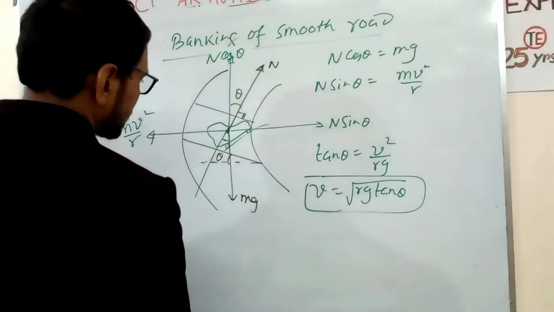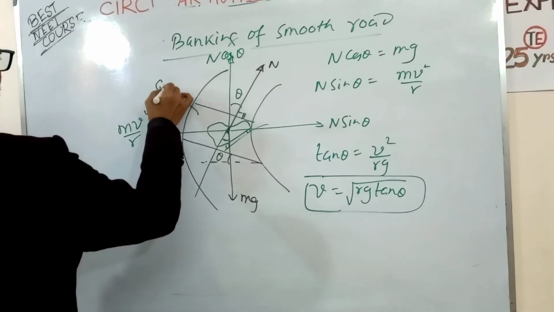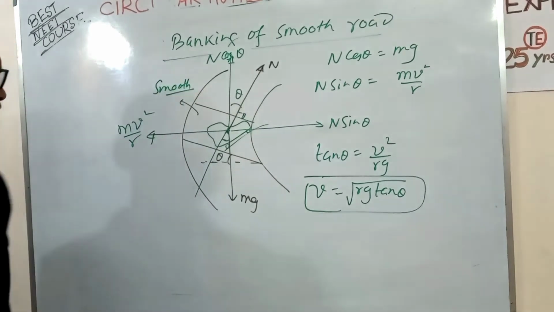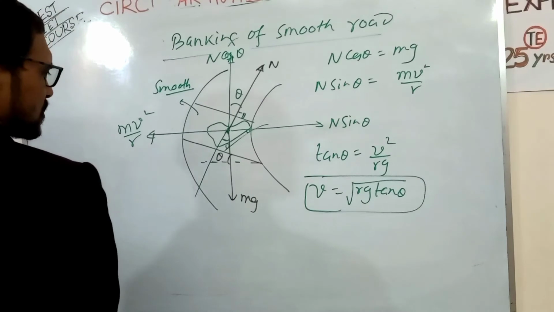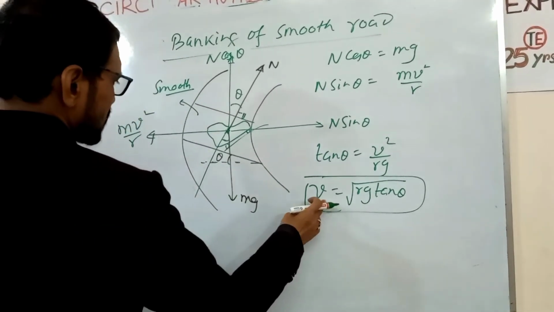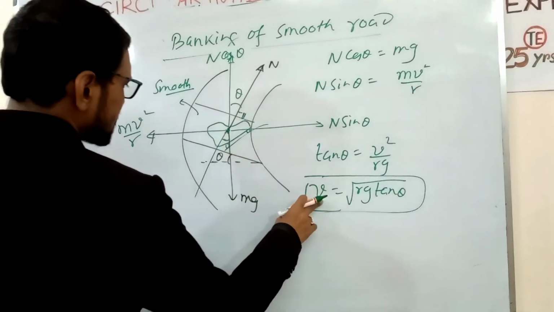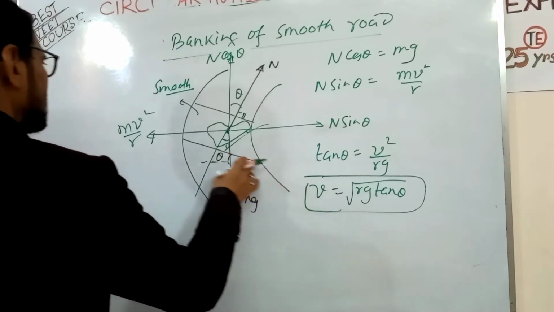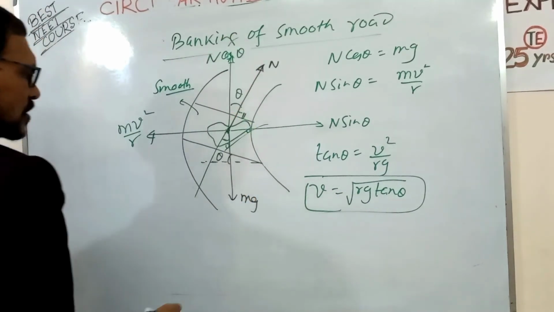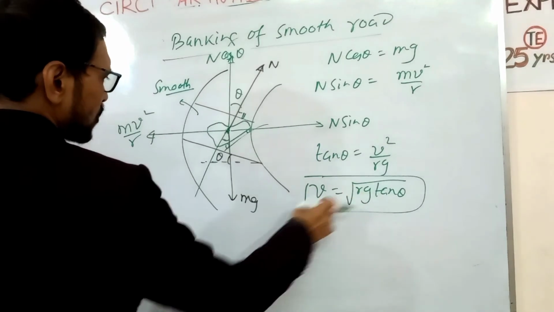So if the car moves and the plane is smooth, and the car wants to turn with velocity v on radius r, then the velocity is this velocity. If he wants to increase his velocity, then r should be increased, that is the radius will be more. If the velocity is low, then r should be low.